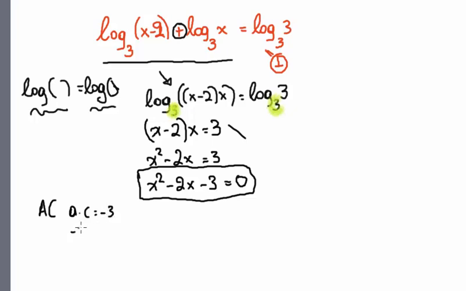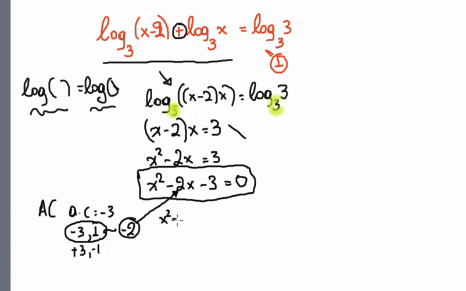So I have two possible pairs of factors for that, either negative 3 and plus 1, or plus 3 and negative 1. Well, if I choose the first pair, negative 3 and 1, and I add them up, the result is negative 2. And negative 2 is the coefficient of the middle term. So that's the pair that I should split.